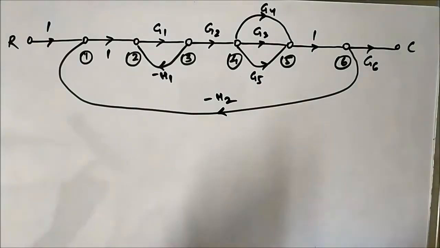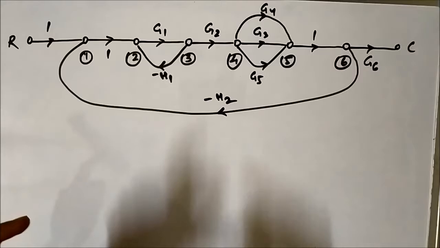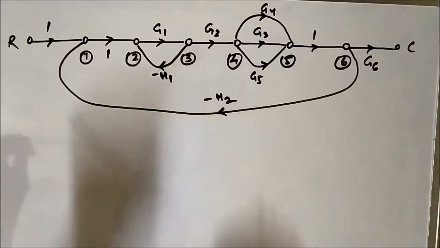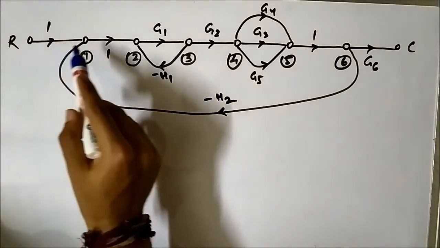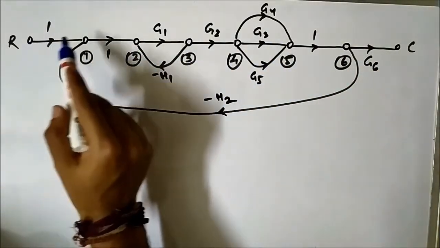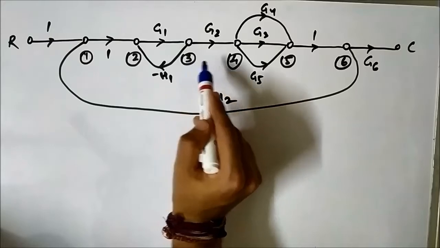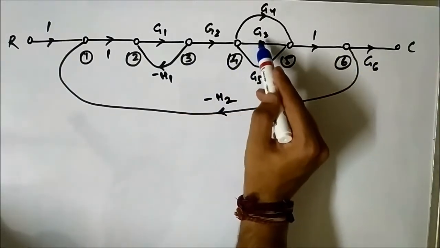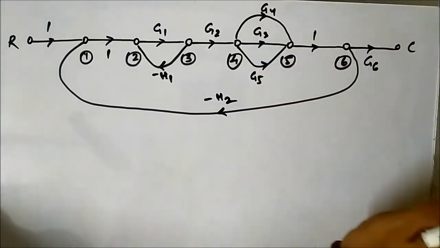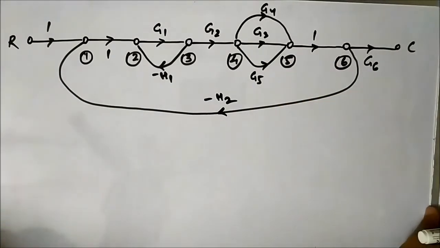Let us see how many forward paths are there between the input and output node. The first obvious forward path is R, 1, 2, 3, 4, 5, 6, C along this G3 branch.